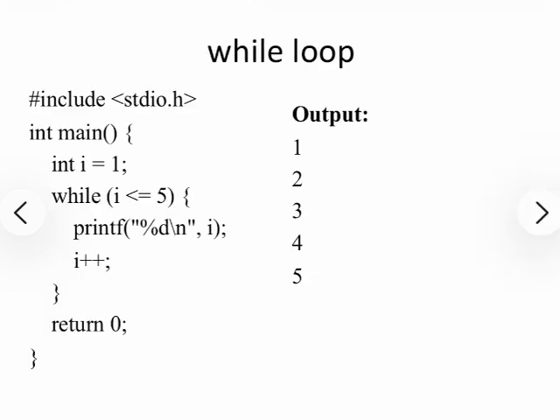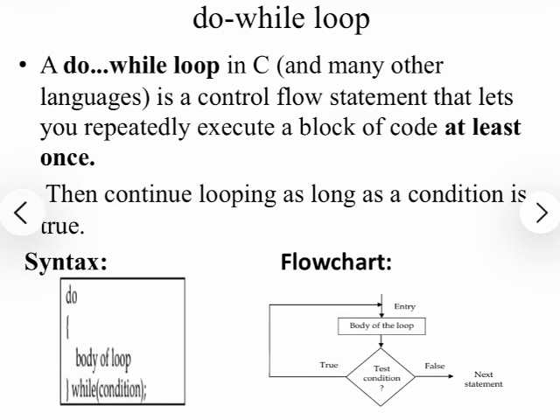There is an example for the while loop. They have given i is equal to 1 and while i less than or equal to 5. That means it will be executed up to 5. They gave equal to also, so it will execute up to 5. In case you give 6 in the while condition, it won't work. It will automatically come out of the program.